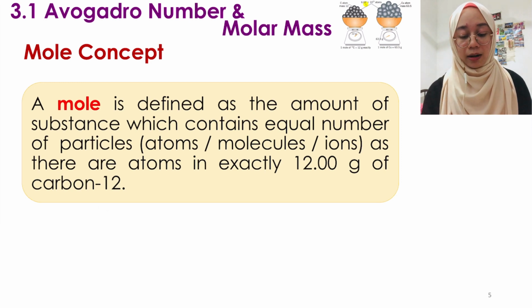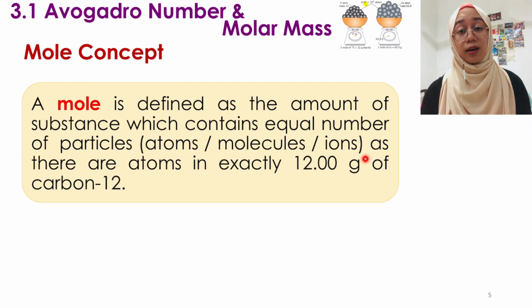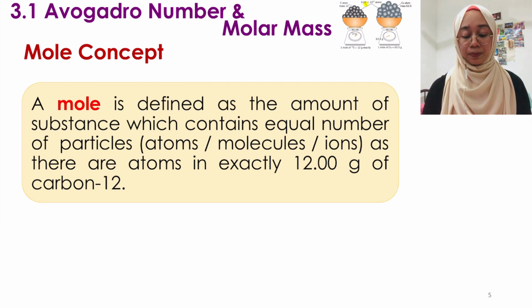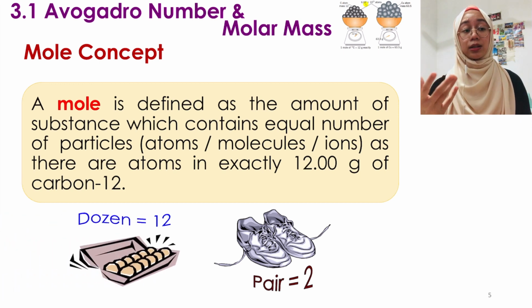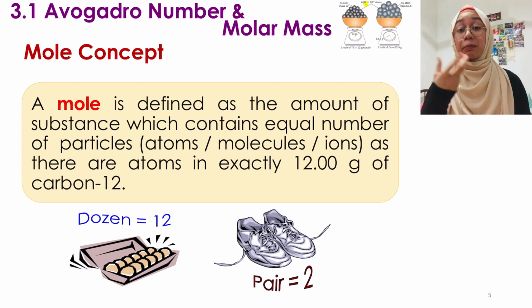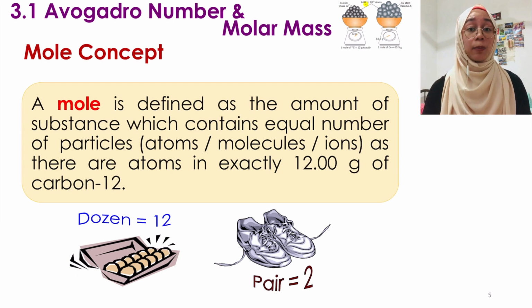And number of particles ni kita bahagikan kepada 3 lah. Particles can be either atoms, molecules or ions, depends. So for example here, if we say a pair of shoes, we use the word pair, meaning menunjukkan ada 2 kasut. If we use a dozen, it shows there is 12 of something. So if we say a mole, how many exactly ada dalam satu mole ni kan.